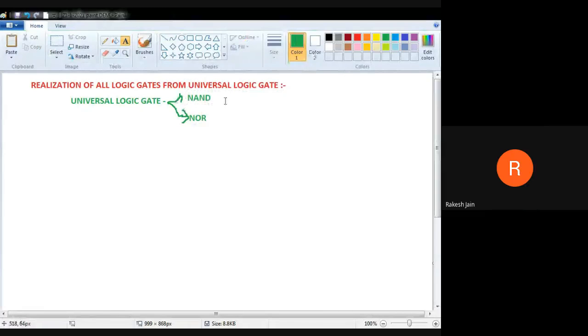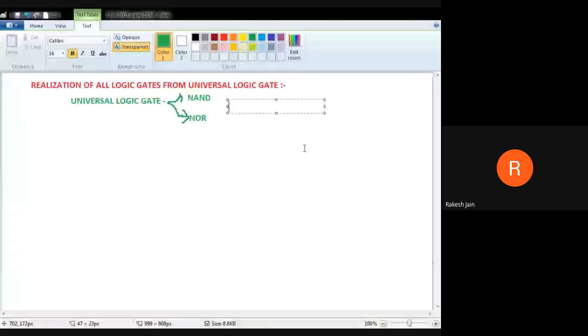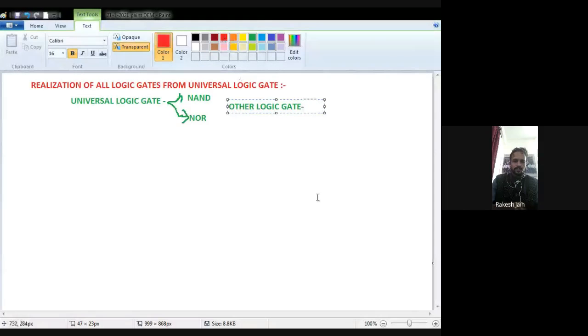What are the other logic gates? They are OR gate, AND gate, NOT gate, XOR gate, XNOR gate, right?